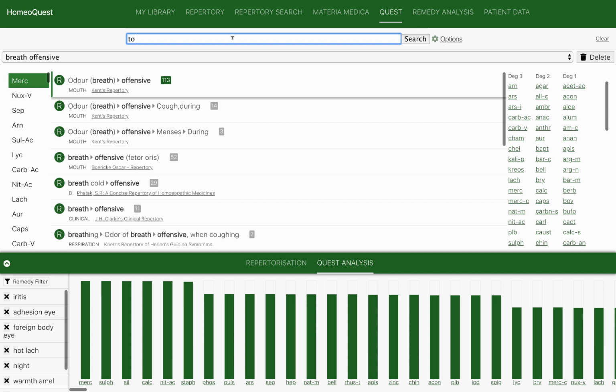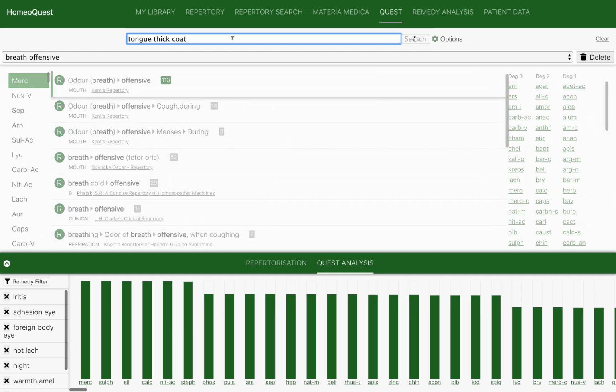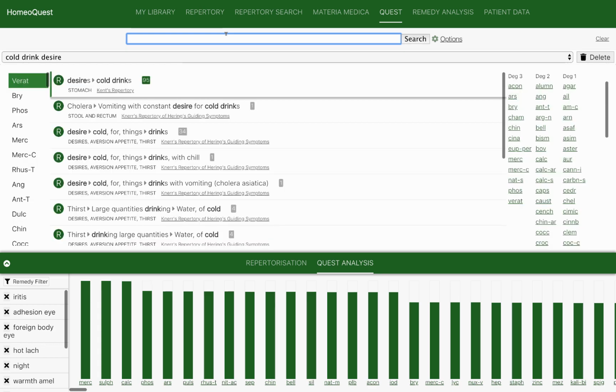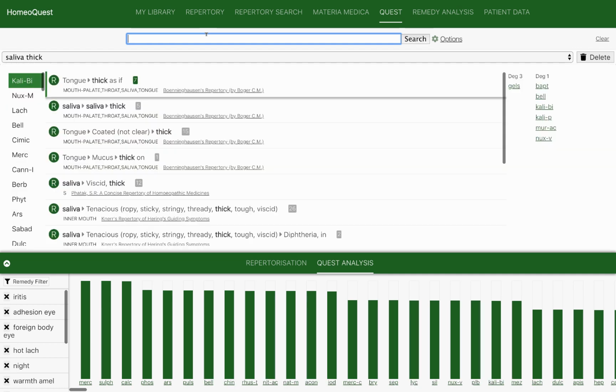Next we need tongue thickly coated. Okay, top remedies for tongue coated. And then we need cold drink desire. Okay, desire for cold drink. Next we need saliva thick. All right, and then we need saliva profuse.